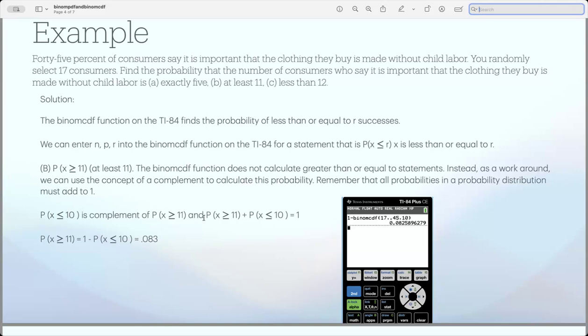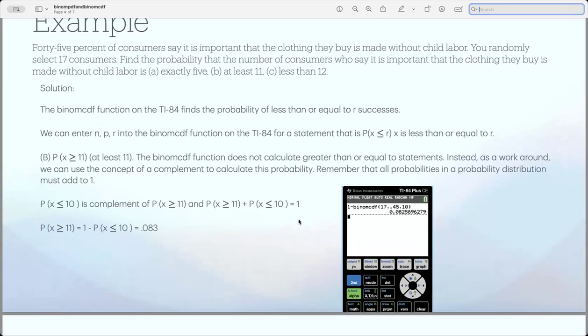And the probability that X is greater than or equal to 11 plus the probability that X is less than or equal to 10 will equal 1, or 100%. So when you add a probability and its complement, it will equal 1.